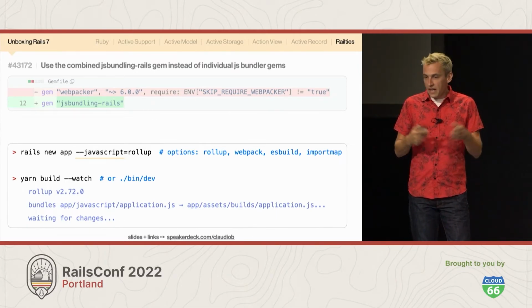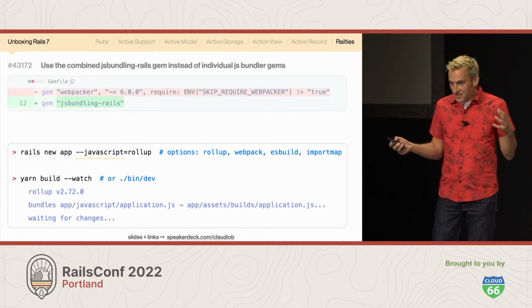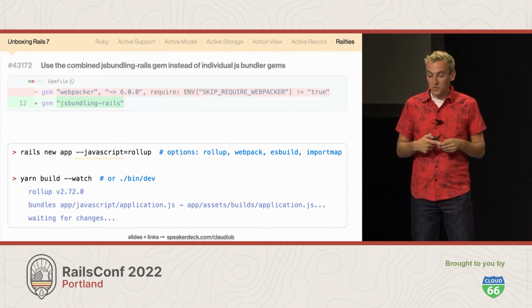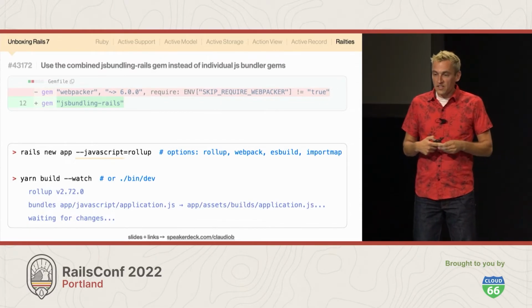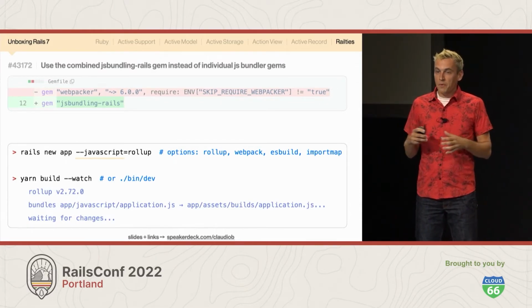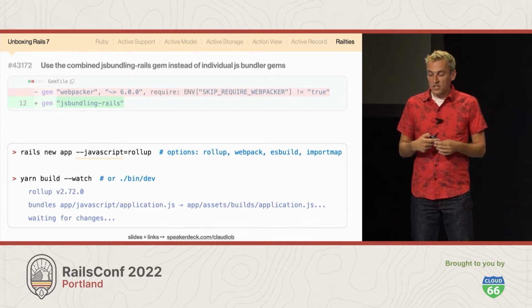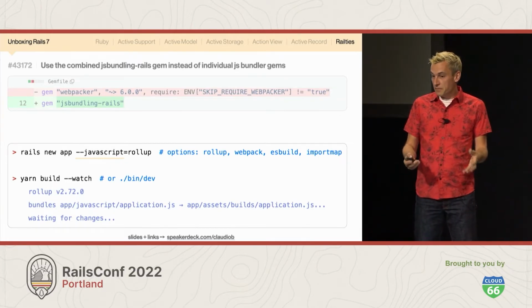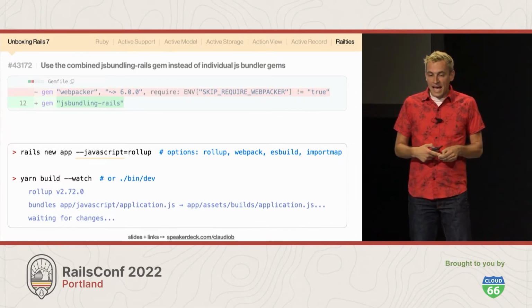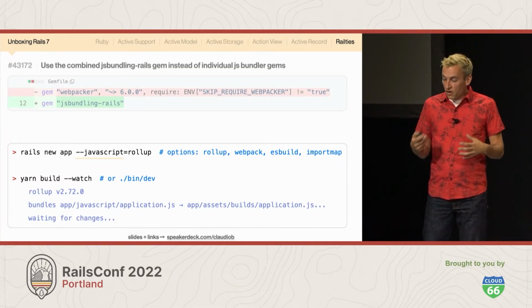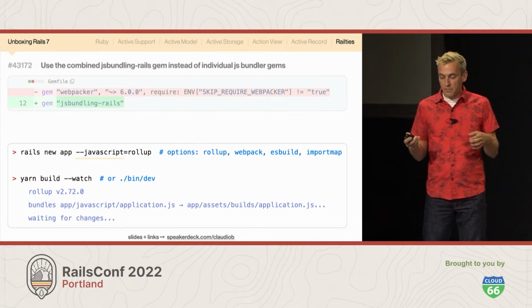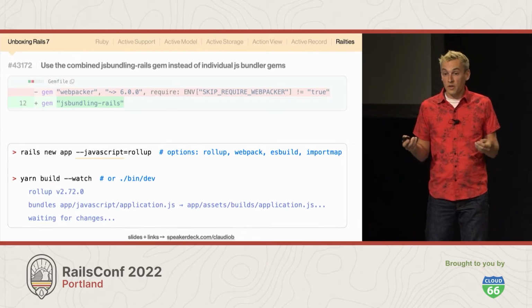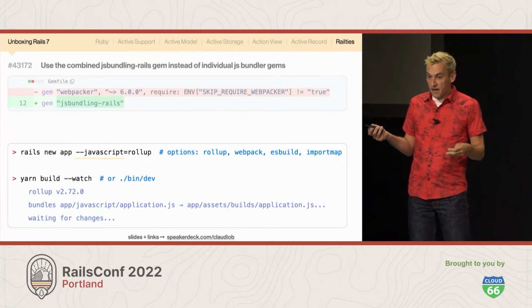So it's opening up. It's kind of the concept of Rails as omakase. You can pick and choose what you want. And also this gem put some convention around it. For instance, it doesn't matter what you use, the assets are always going to be built in the same folder. And to run the server locally, you can just type yarn build --watch, or there is also a new command, bin/dev.